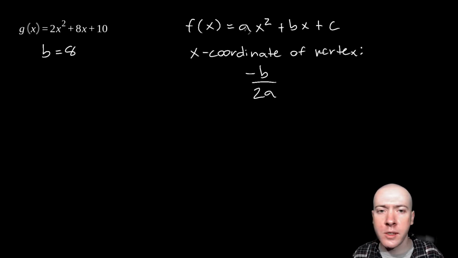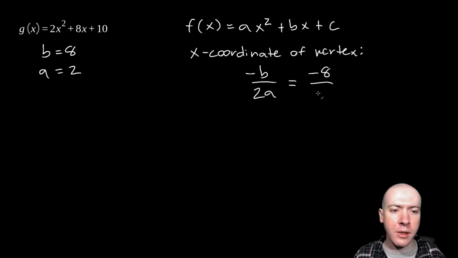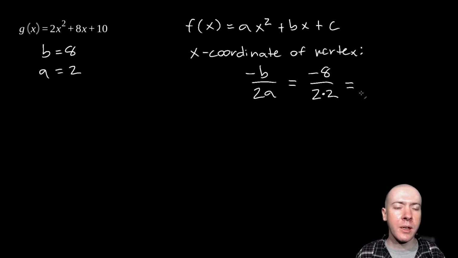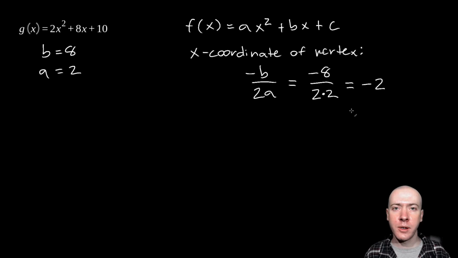And a is the number in front of x squared, so a is 2. So if we plug those in, we're plugging in 8 for the b, and on the bottom we've got 2 times 2. So negative 8 divided by 4 is negative 2, right? So negative 2 is the x-coordinate of the vertex.